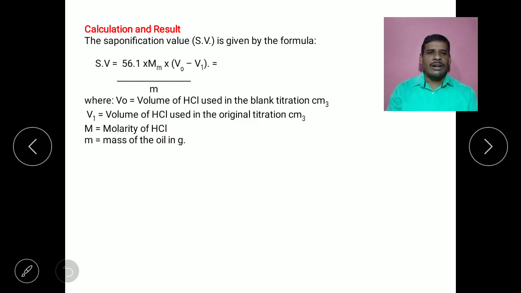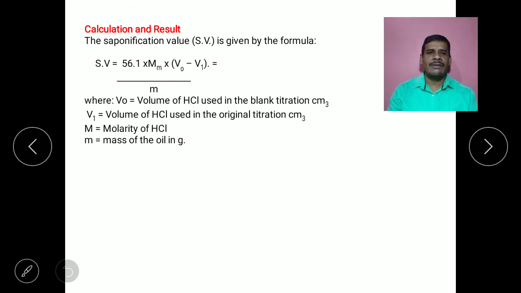We already discussed that the saponification value is very useful for determining the molecular weight of that particular oil or fat. The greater the saponification value, the lower the average molecular weight, and the lower the saponification value, the greater the average molecular weight of the oils and fats.